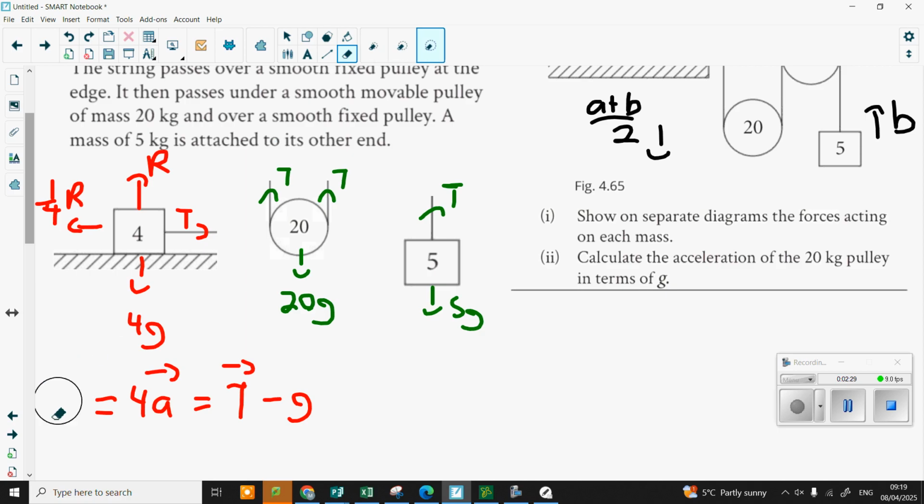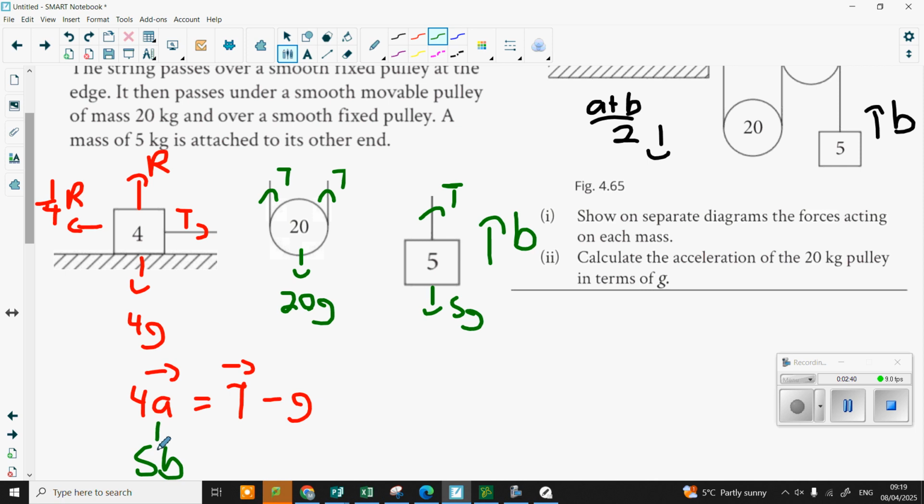Now, moving on to the second one. I'll move on to the next easiest one, which is the last one. So we're saying it's going upwards with acceleration B. 5B going upwards. Who causes it to go upwards? Take tension upwards. And who's causing it to go downwards? 5G downwards, yeah? And then that's done. I use the arrow system, but you don't have to if you don't want to. Okay.